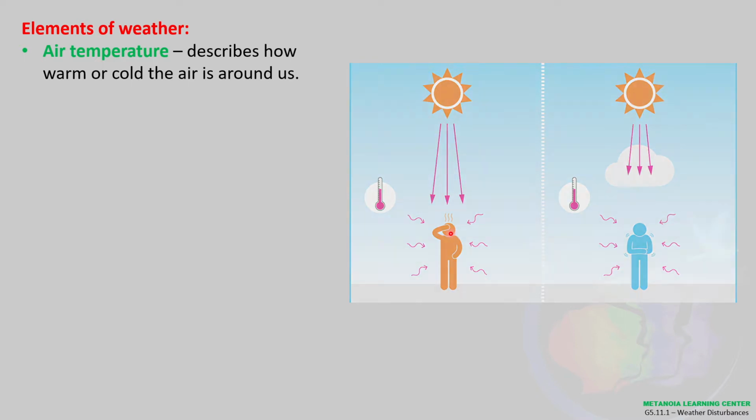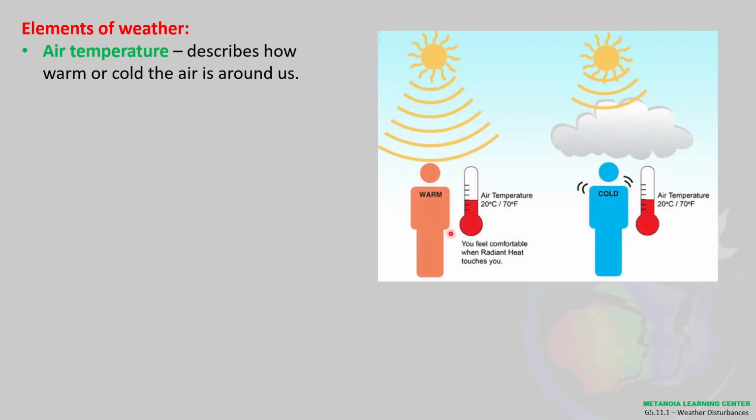Just like in this case, kung mapapansin niyo, in this area, it is given that the air temperature are both the same at 20 degrees Celsius or 70 degrees Fahrenheit. Okay. So you'll notice that the only difference between the two situations is that there's a presence of clouds here. There's a presence of cloud in this case.